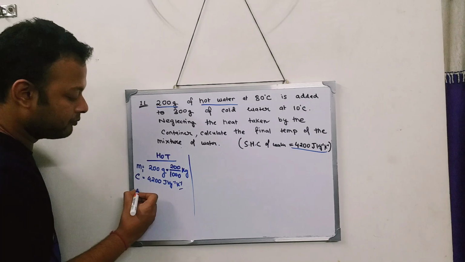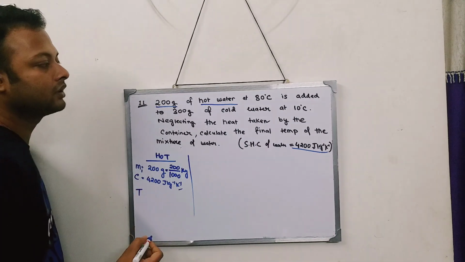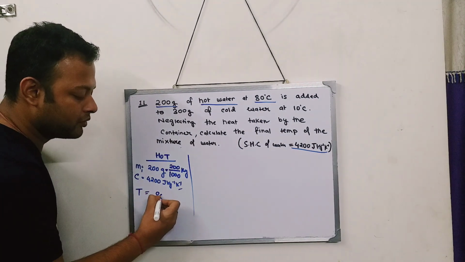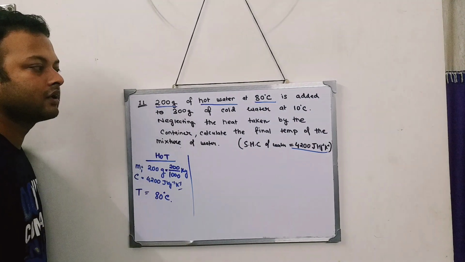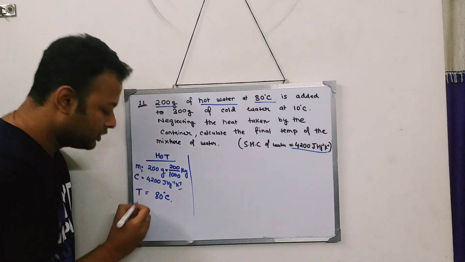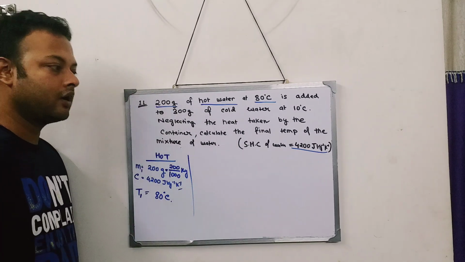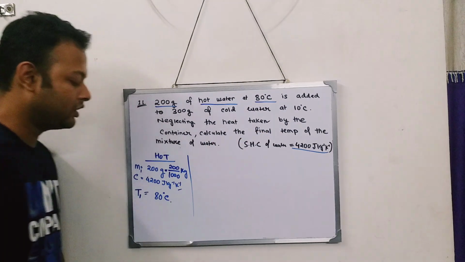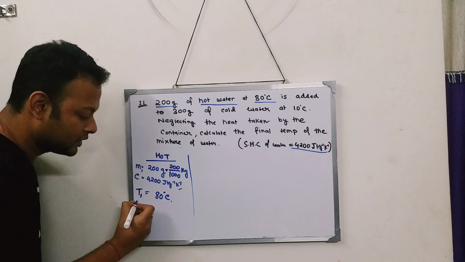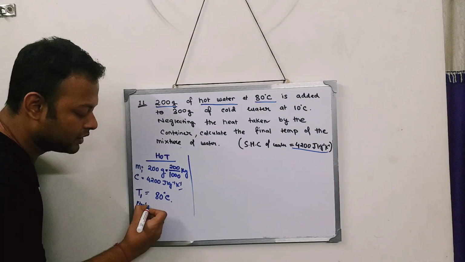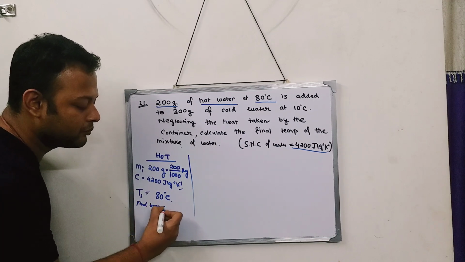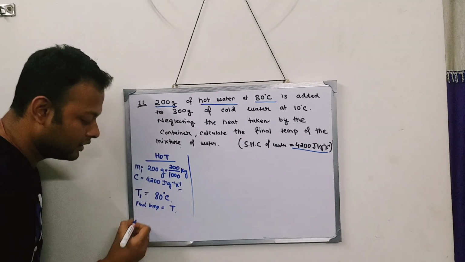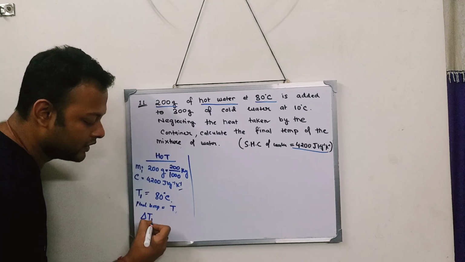Now this body is kept at what temperature? The hot body is kept at 80 degrees centigrade, so I will take this as T1. And the final temperature, they're asking me to calculate, so I don't know the final temperature. I'll keep the final temperature as T. So what is delta T, or I will say delta T1?